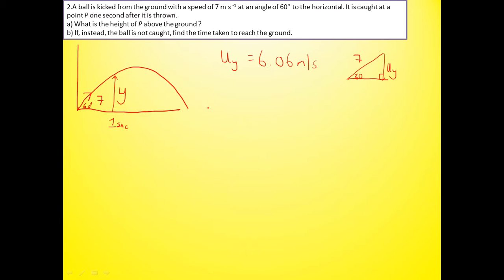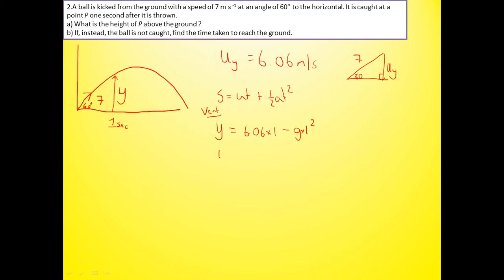So we're now looking at the equation s equals ut plus half at squared, the SUVAT equation that we're going to use, where s we're going to class as y because we're only interested in the vertical component. So you might want to make it clear that you're just working in the vertical. So y is equal to u, 6.06, times 1, because it's after 1 second, minus half g times 1 squared.